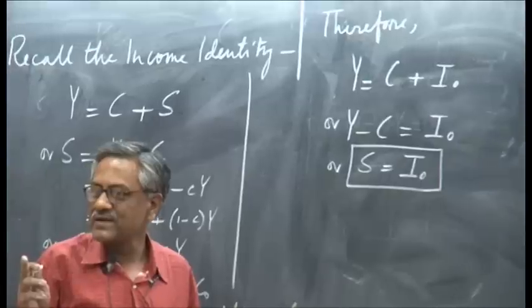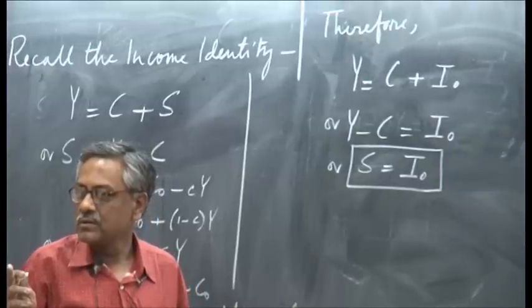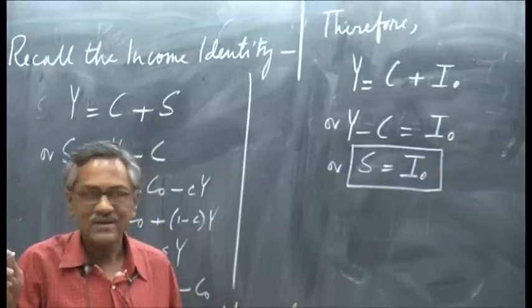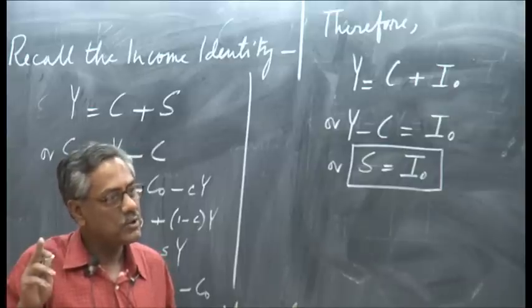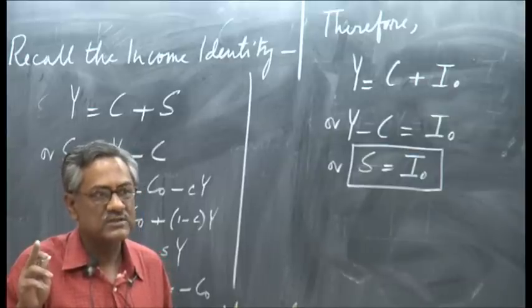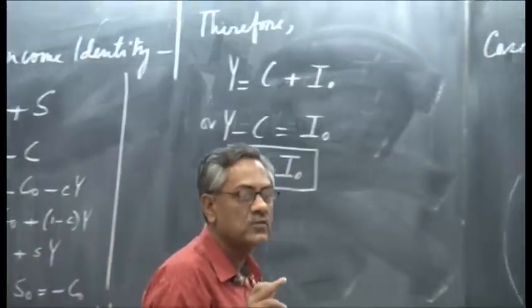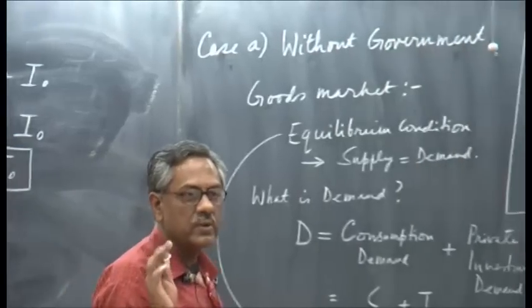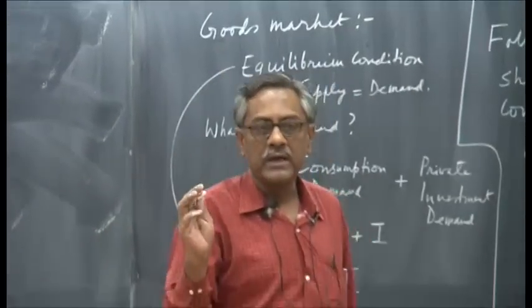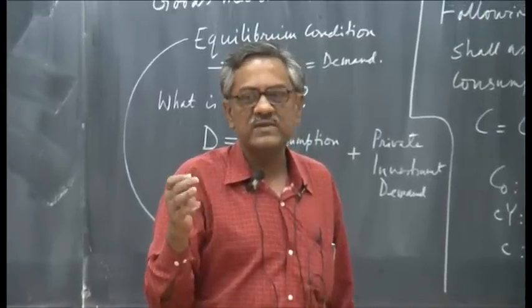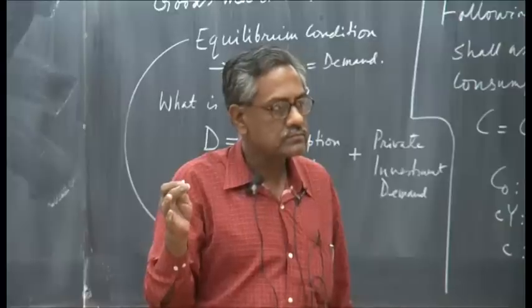In the goods market, in the classical model, the same equilibrium condition was used: savings is equal to investment, except the savings and the investments were functions of the rate of interest. Here, in this simple model, we have investment as autonomous or constant, and savings is a function of income.